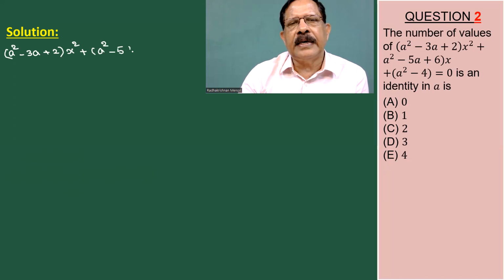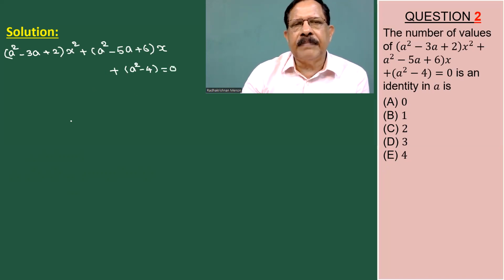Now, if a second degree equation has got more than 2 roots, then it is called an identity. So, result. What is an identity? Identity is an equation which is true for all values of x.